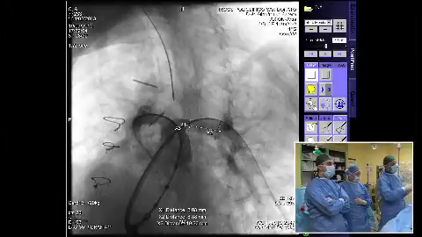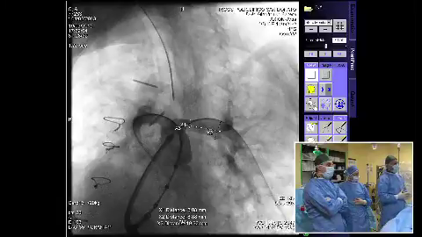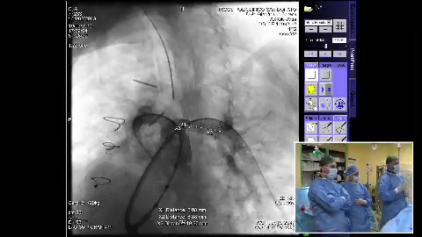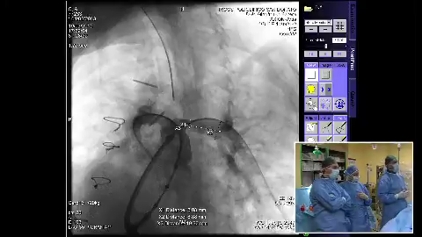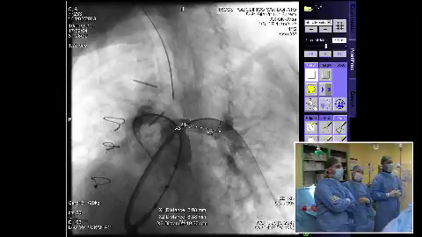Again, we have shown in a better way the LPA, and there is a discrepancy of diameter of the LPA, with a diameter going from 5, the smaller part probably even less, to 8, 9 at the distal part. But we have also done measurements by 3D rotational angiography, and we may compare the two. I think it's interesting for educational purposes.